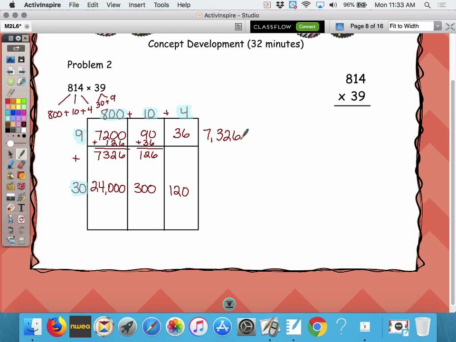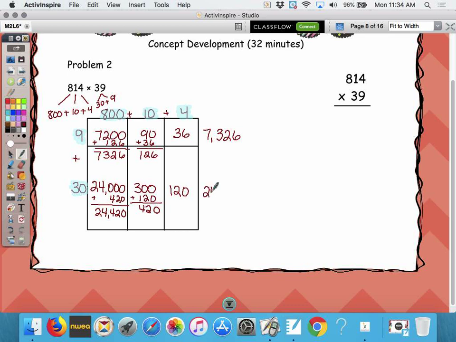Okay, now same strategy down here. Some of you might be able to add these mentally, but it's a good idea to know this strategy because we are going to do much larger problems in the future. Like 4-digit by 3-digit, okay? So there's not as much room for error if you do it this way.